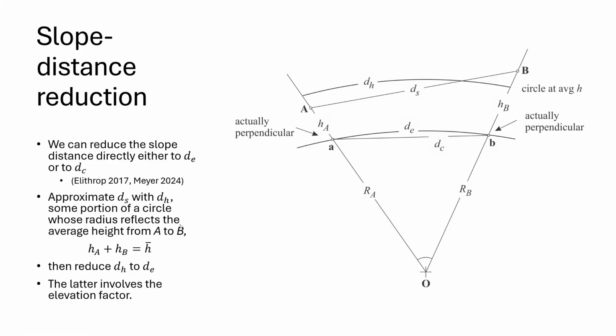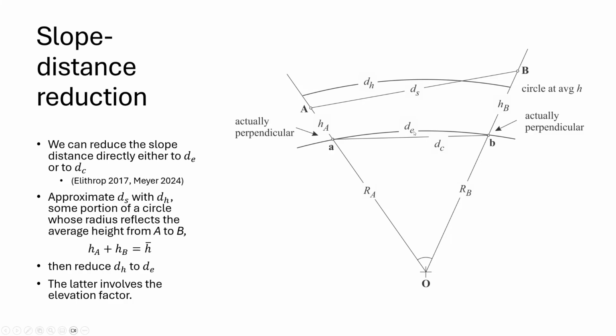So there's actually a number of different ways to do this. We could take the slope distance and we could reduce it directly either to the equivalent circular arc. Now we've gone from a curve of alignment to a circle because the projection of d sub s down onto a sphere is going to give a circle, not a curve.